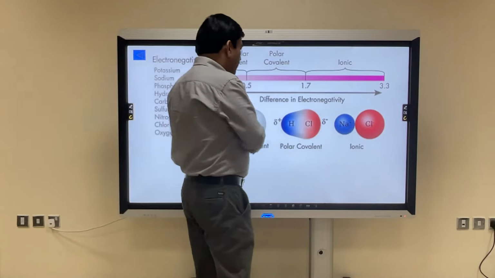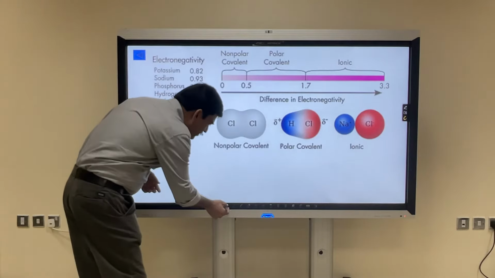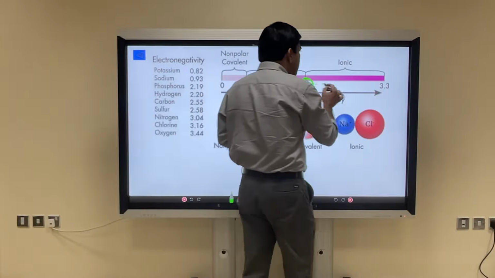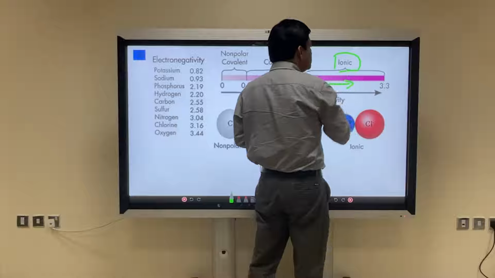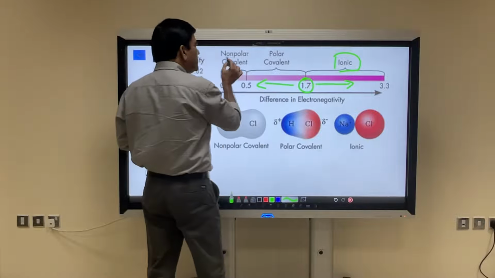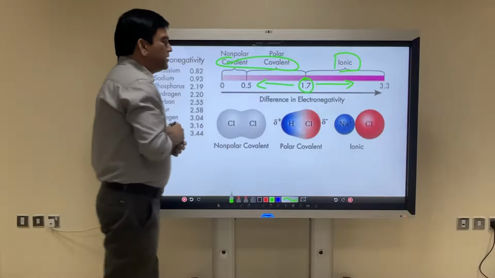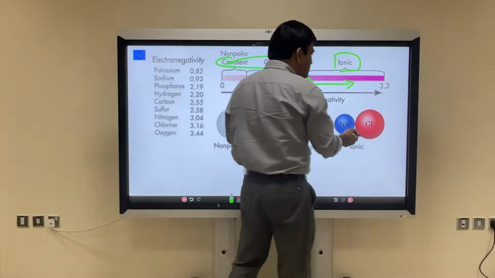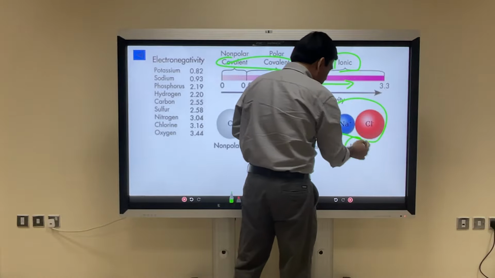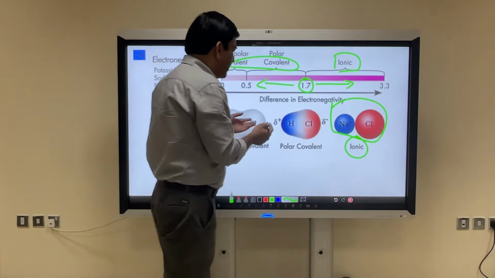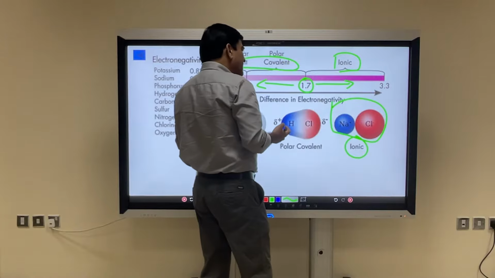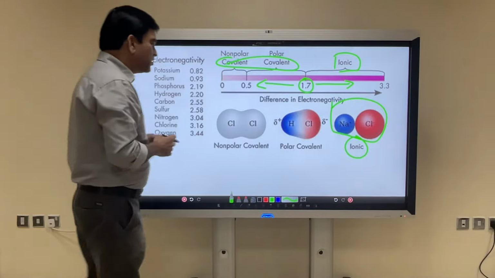As I told you, if the difference of electronegativity is more than 1.7, then that will be an ionic bond. If the difference of electronegativity is less than 1.7, that will be a covalent bond. An example of an ionic bond, where the difference is more than 1.7, is NaCl. And for a difference less than 1.7, there will be formation of a covalent bond.